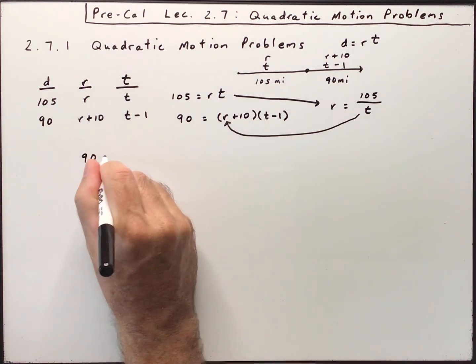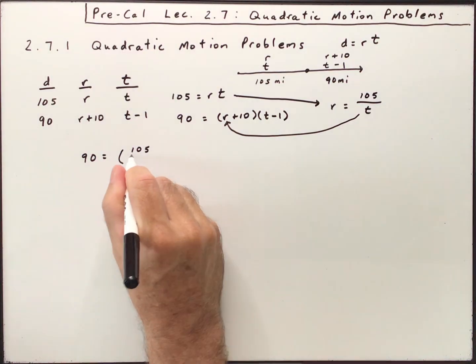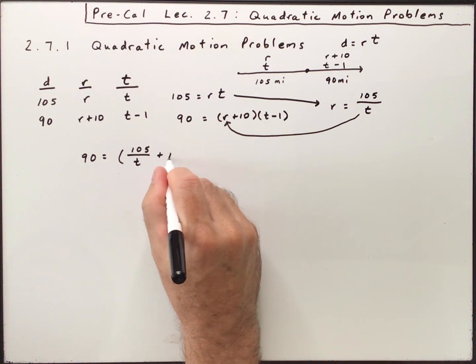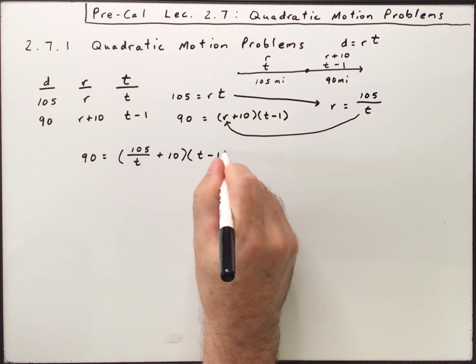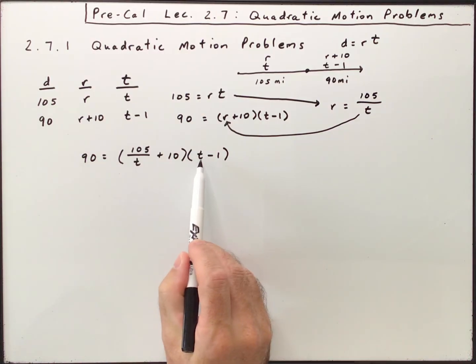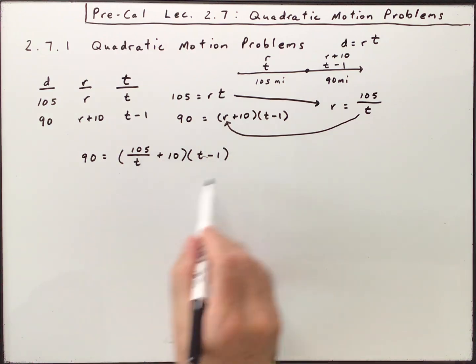So we have 90 is equal to 105 over t plus 10 times t minus 1. Okay, now we have an equation with only one variable, time. So I'm going to FOIL this part out right here.